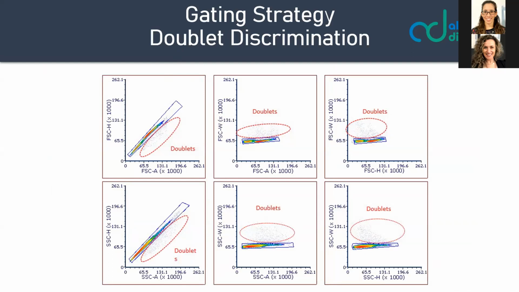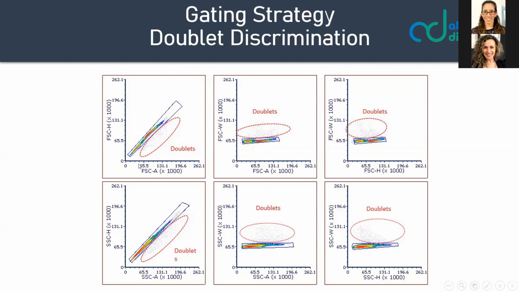And in this case, we do want to gate out the doublets, the cells that stick together or are very close together, in order not to get false positive signals from these cells. The only important thing to remember here is that the gating out of doublets is done in linear scale. So in most experiments, forward scatter and side scatter, we use them in linear scale. So the doublet discrimination is done in linear scale.